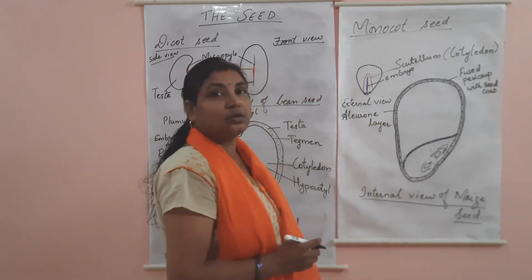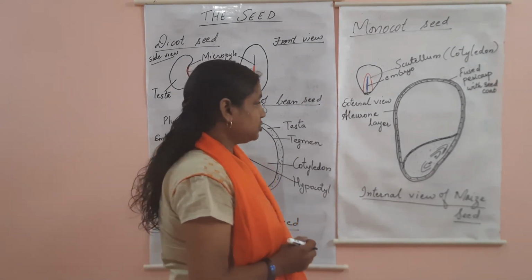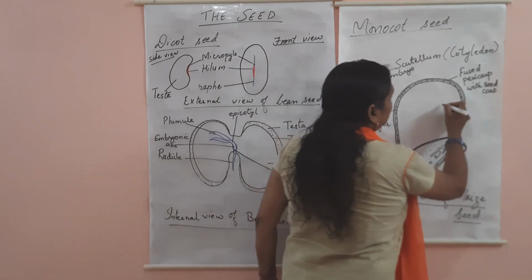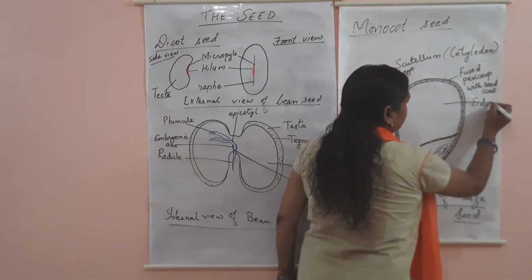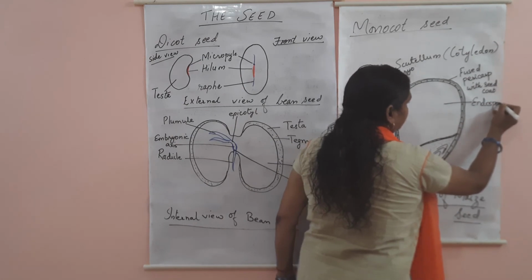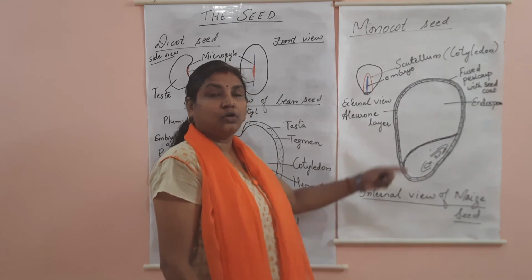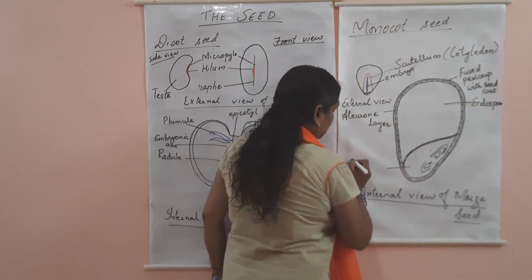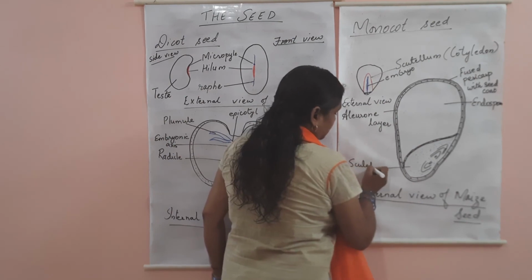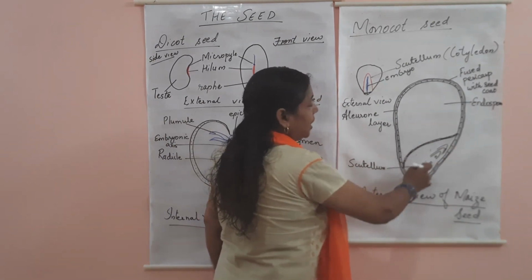It is this layer which protects the seed from infection and mechanical injury. The major portion of your seed is your endosperm, which acts as a food reserve for your future embryo. Then this is your cotyledon known as scutellum. This whole part is your embryo.